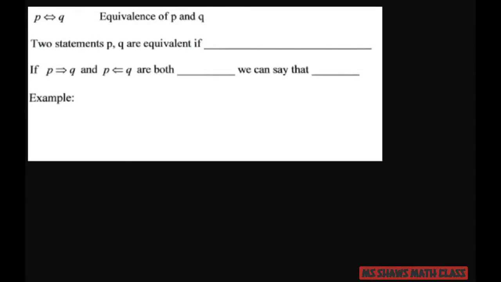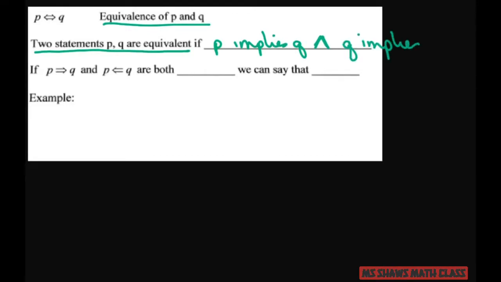And finally, we have the equivalence. That means two statements P and Q are equivalent if P implies Q and Q implies P. So if they're both true, we can say they are equivalent.